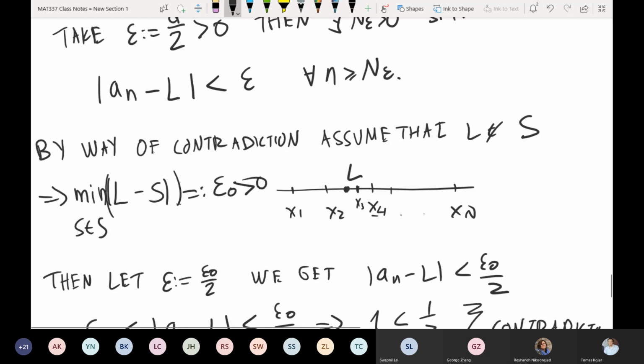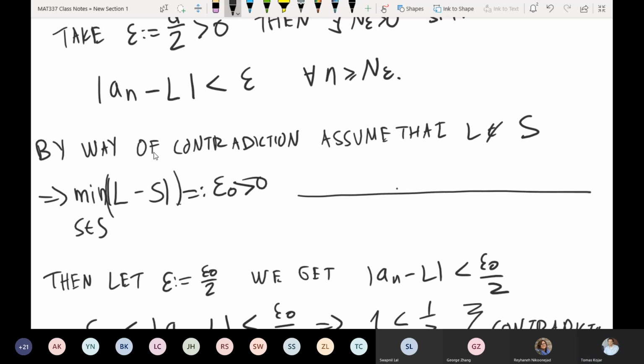Let me draw it a little bit bigger. This is L, this is x1, and there's a closest point x2, and this is the distance. Okay, good, yeah.